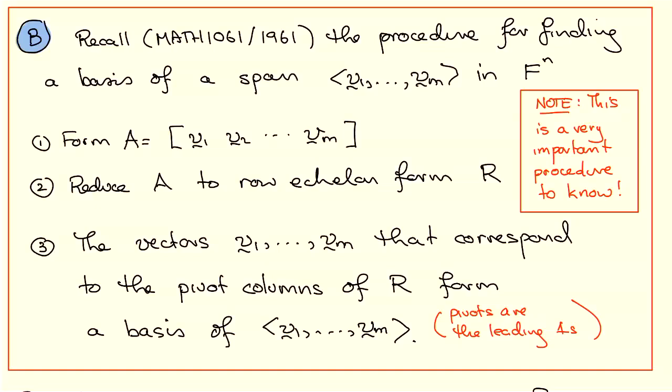Then the corresponding columns of your original matrix. So for example, let's say columns 1, 3, and 5 were where the leading non-zero entries were. Then columns 1, 3 and 5 of the original matrix form a basis for the column space of A.